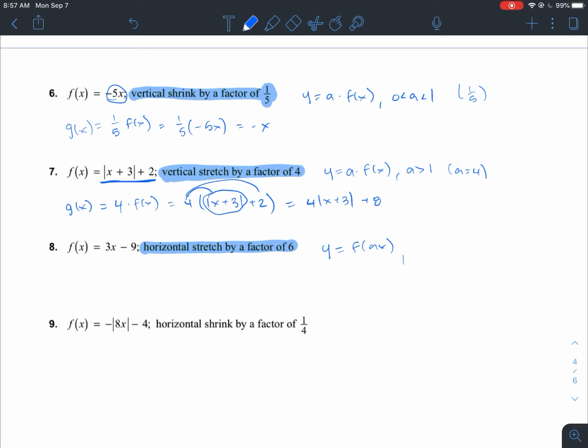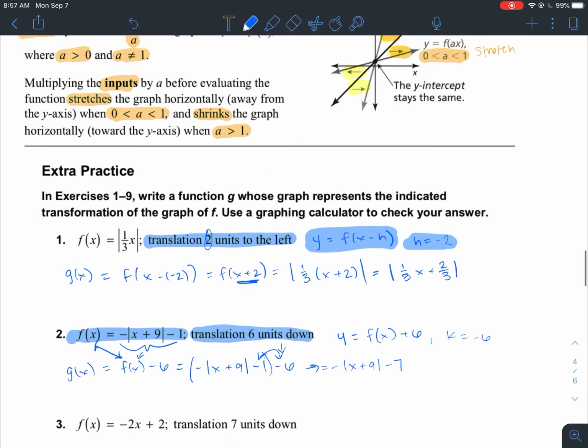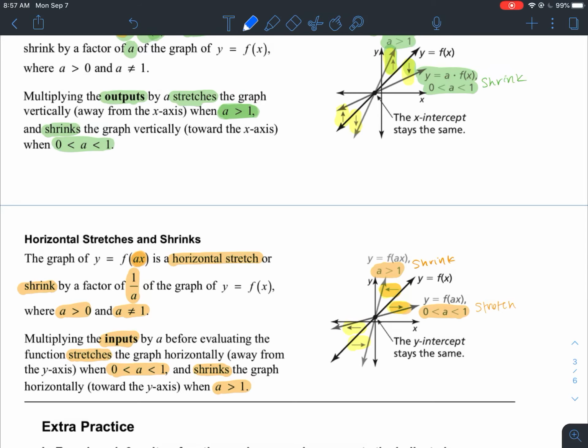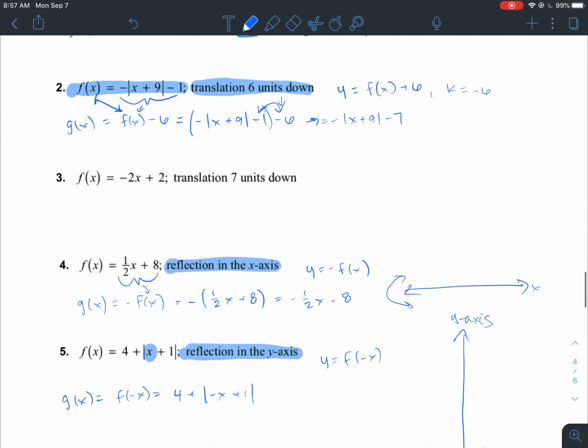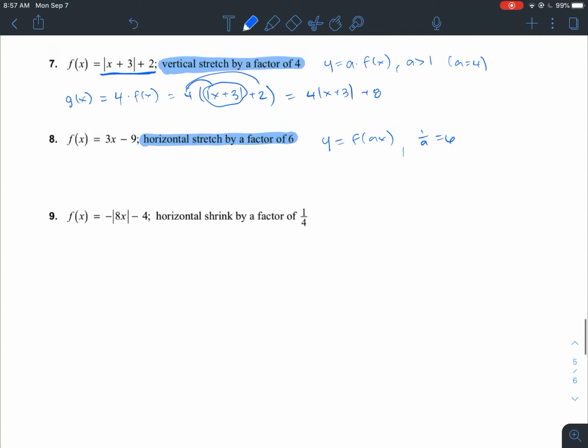And we say 1/a is equal to 6. Not a is equal to 6 like it was in a vertical stretch or shrink, because again, up here, it said horizontal stretch or shrink by a factor of 1/a, and we're saying horizontal stretch by a factor of 6. So 1/a is equal to 6. We can simplify this to be a is equal to 1/6. Okay?